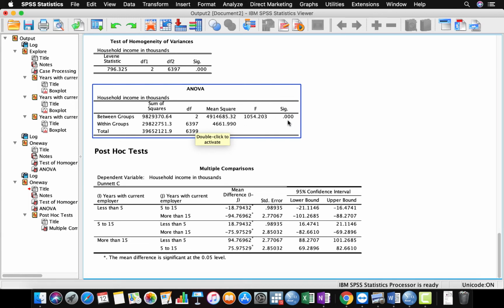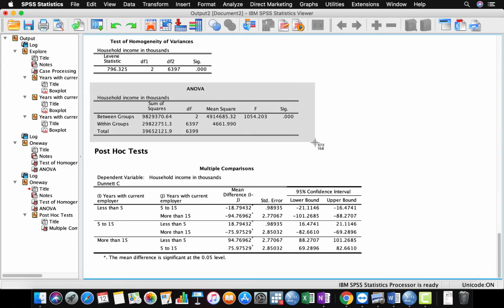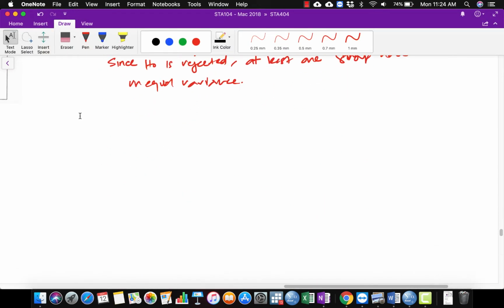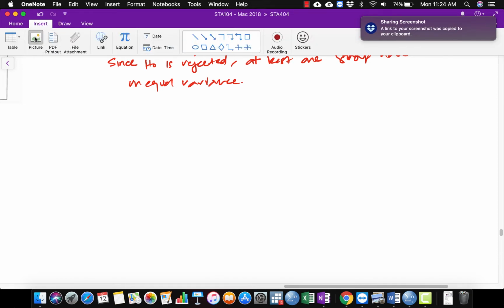This is the p-value. This p-value shows that it is very small and less than 0.05. Let me copy this one first and insert it here.